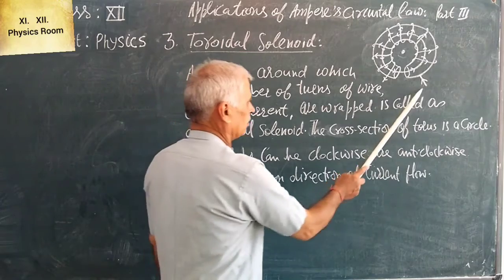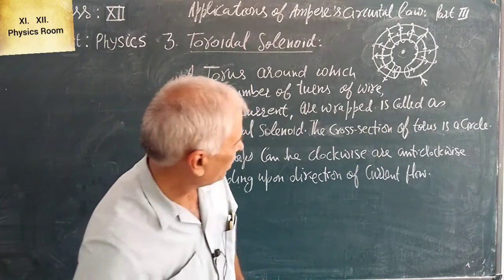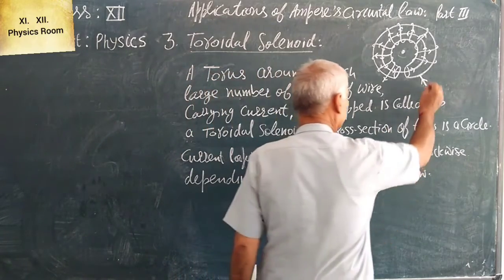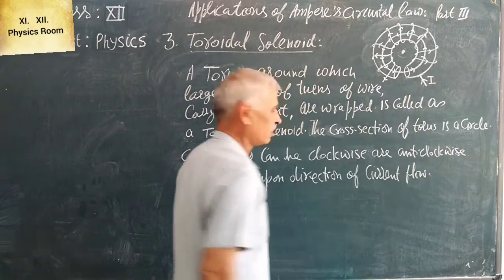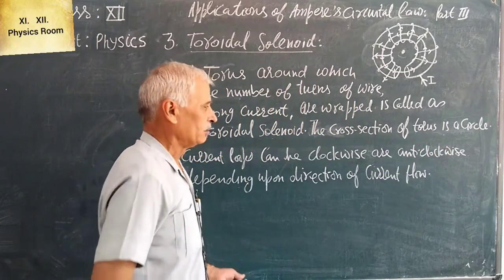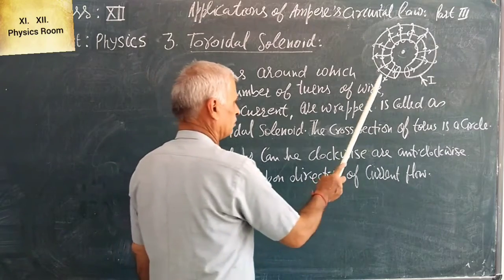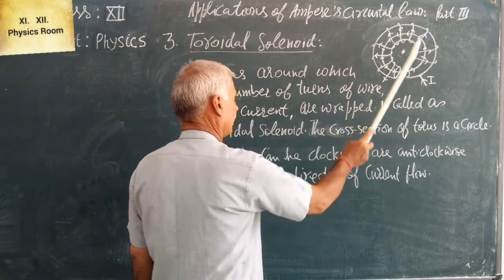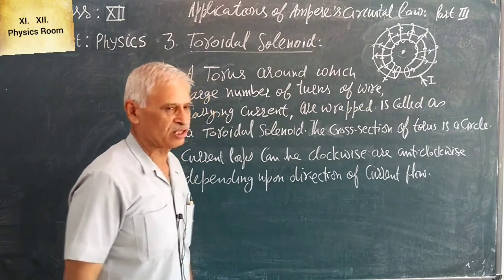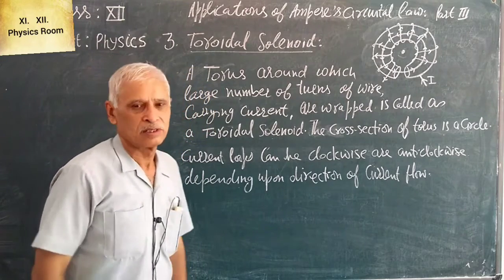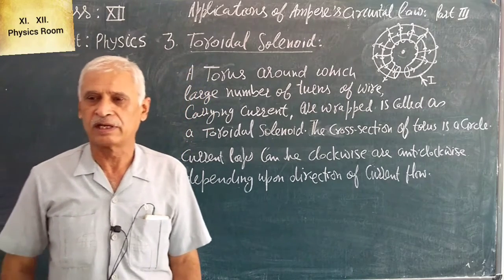And this wire is carrying current. Each turn of the wire is carrying a current. So such a solenoid whose cross section is a circle is called a toroidal solenoid.